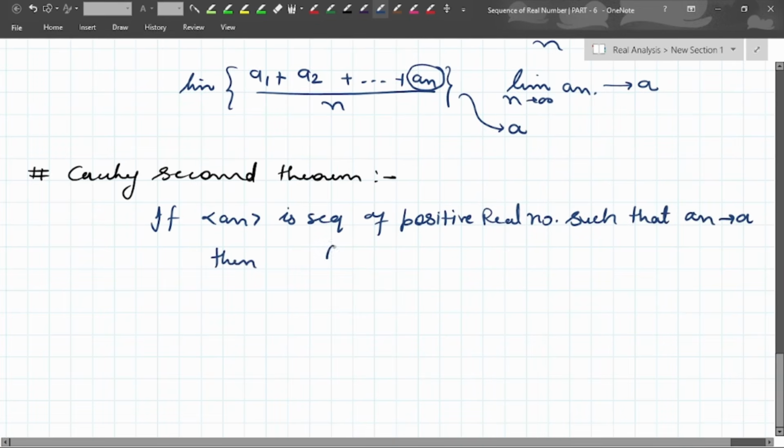It means that if you take the nth root of a1, a2, up to an, that is (a1 a2 ... an)^(1/n), then it will also converge to a. If you have this kind of expression and you are going to find its limit, then just take the limit of this particular element only. After that you can say that yes, the limit is this.